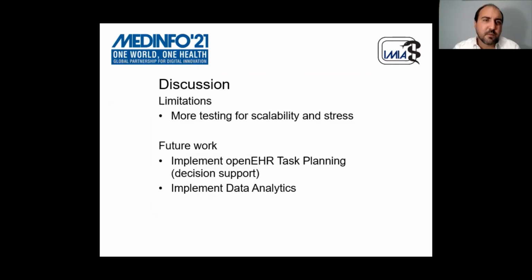And also to implement data analytics through a query builder interface, and building dashboards for data that the healthcare professionals want to look into more often, like for indicators and things like that.